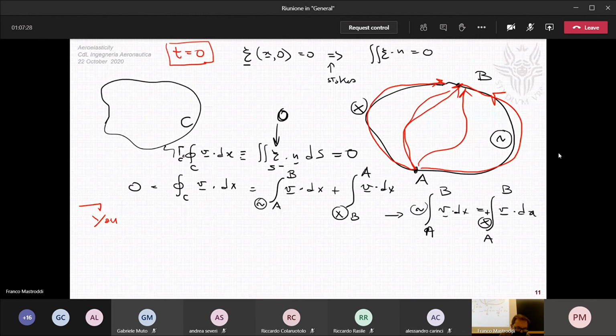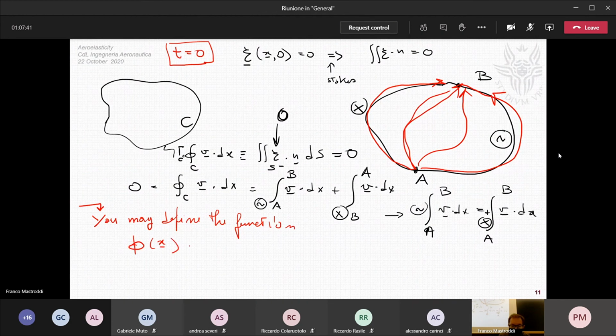Therefore, you may define the function phi as a function of x, equal to the integral from a to x of, please pay attention, v of another, please use another letter indicating the position, for example x bar vector, dot dx bar vector.